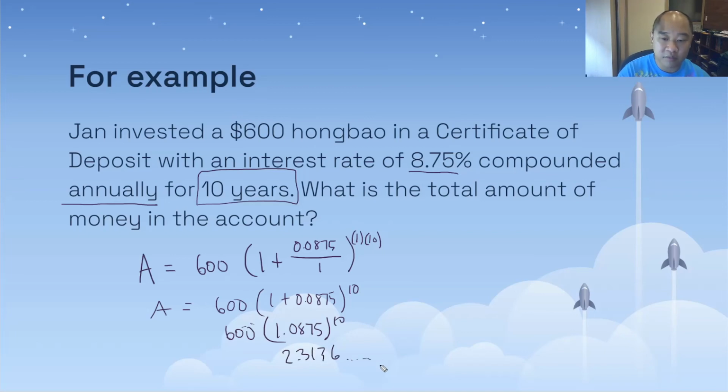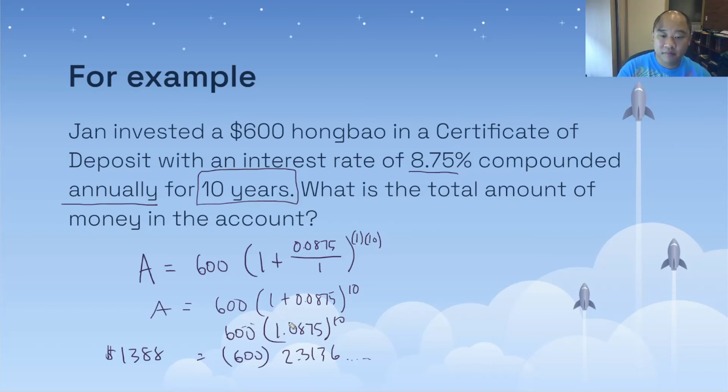There's a bunch of numbers here, and I'm not going to write all of them out. Then I multiply that by 600, and that gives me A, which is $1,388, rounded to the nearest dollar. It's 0.17, so on and so forth, but it's rounded down.